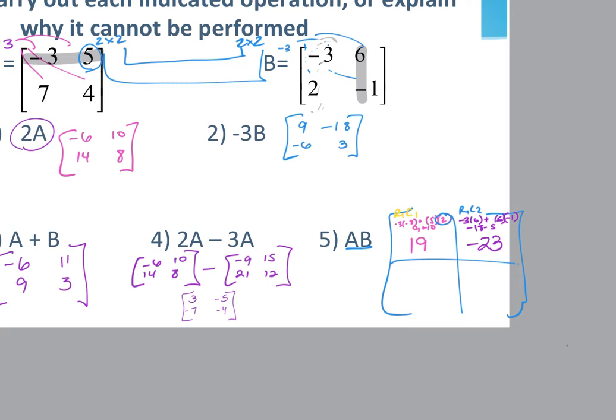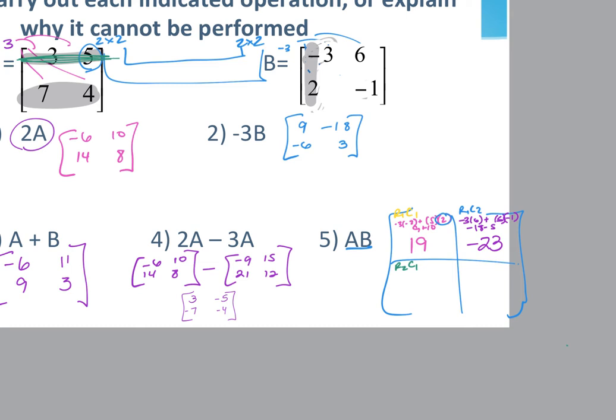Then I go row 2, column 1. So I am done with row 1 on the first one. If you want to cross it out so you remember you're done with it, do it, so you don't confuse it. Now I'm on row 2 and I'm on column 1. Sorry, I'm writing too fast.